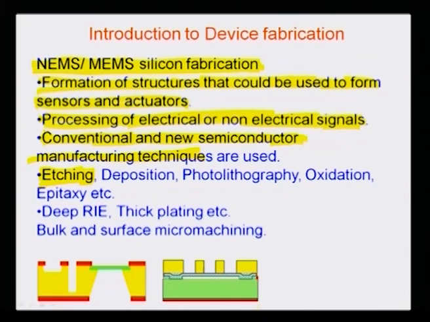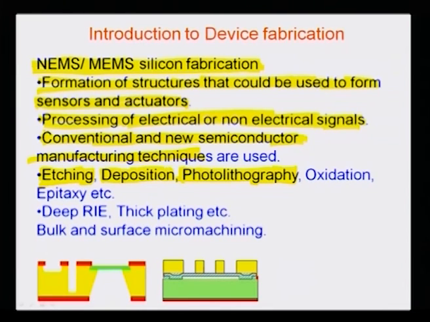It could be deposition, where you can deposit a metal film or a resist film on top of some of these wafers. And then of course photolithography, where you can use the power of optical signals or light to carve and find out different features, sizes and structures onto these films.